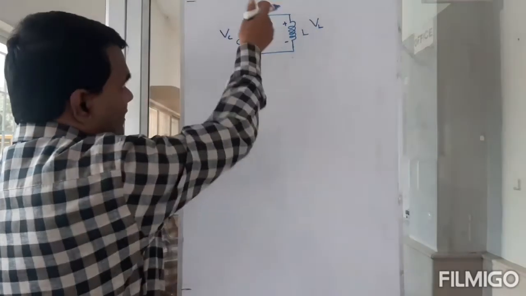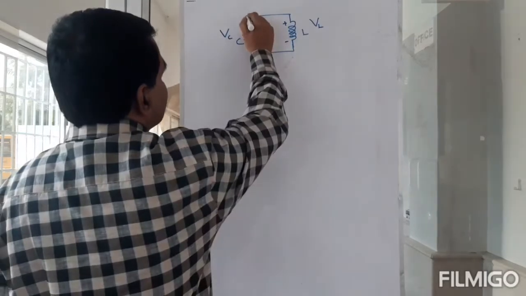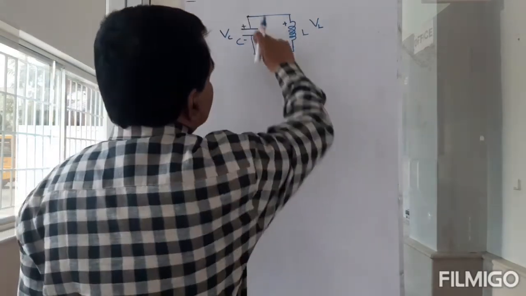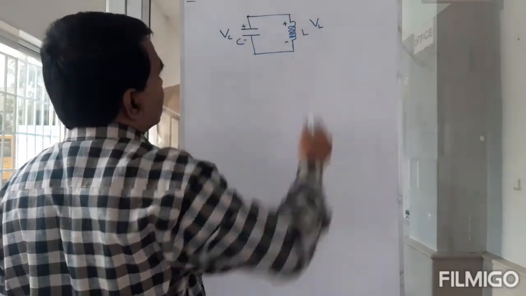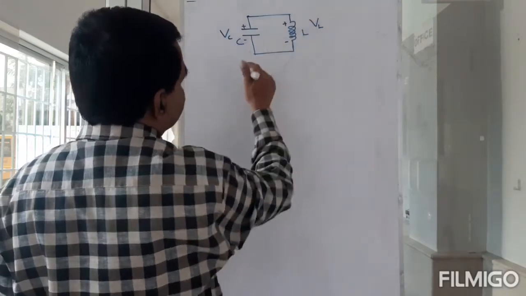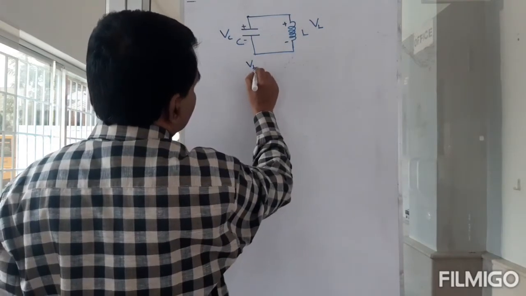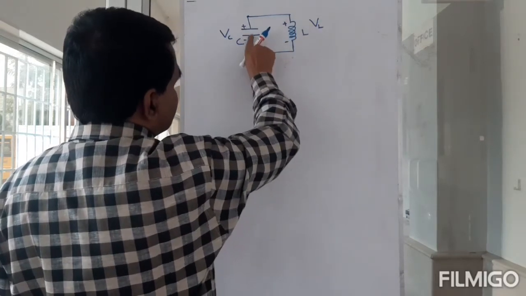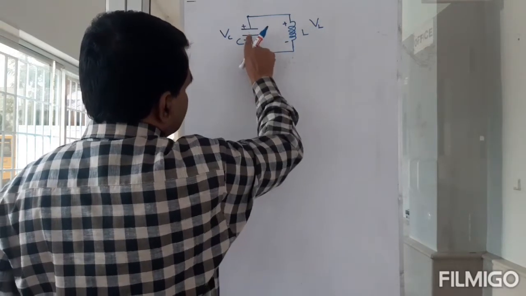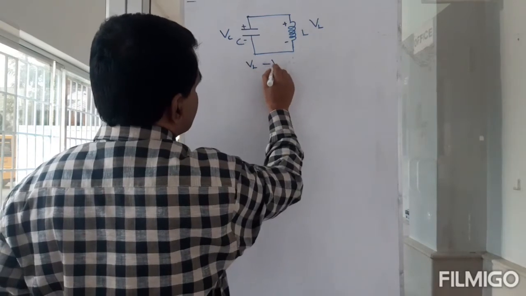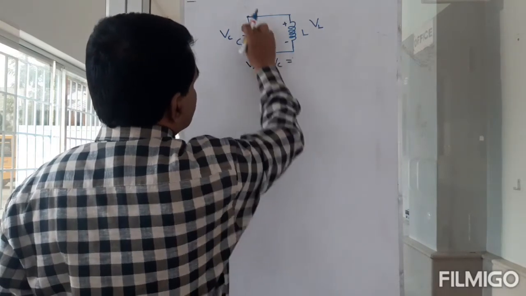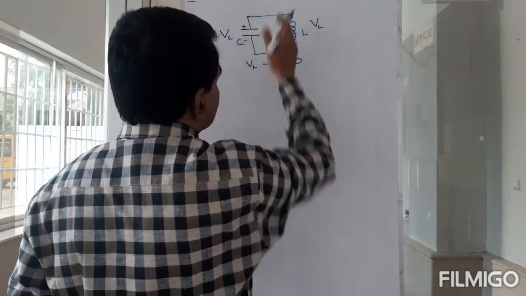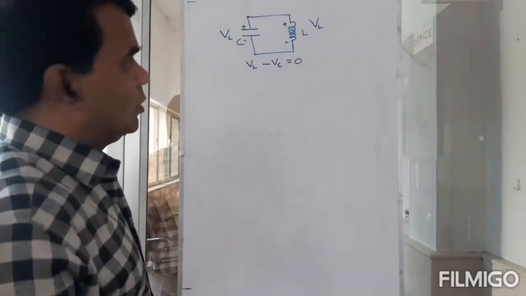If I apply Kirchhoff's law, I'll start from here and I'll come back to the same position. So I'll do it clockwise. So VL, I come here and then I enter the negative terminal. So VL minus VC must be equal to 0. This we know from Kirchhoff's law.